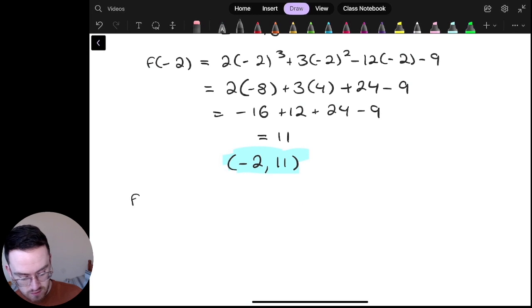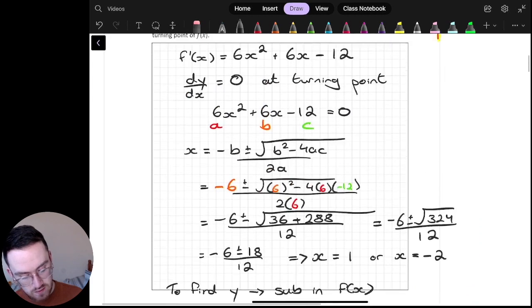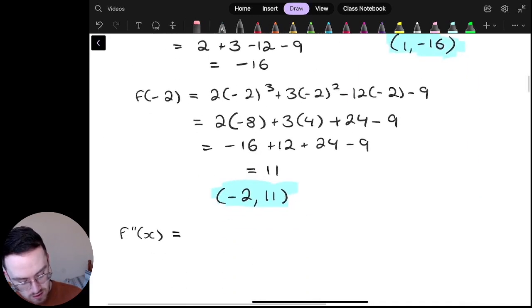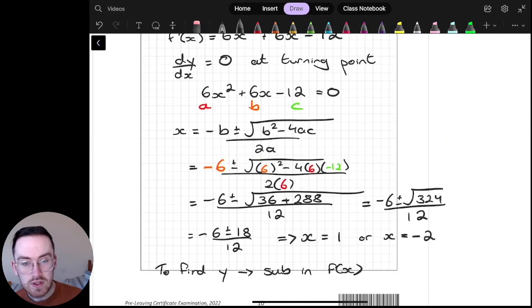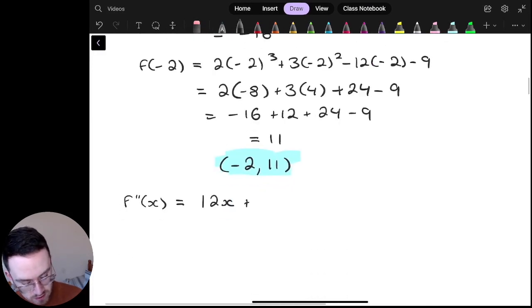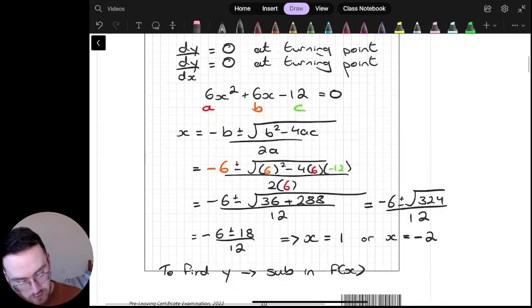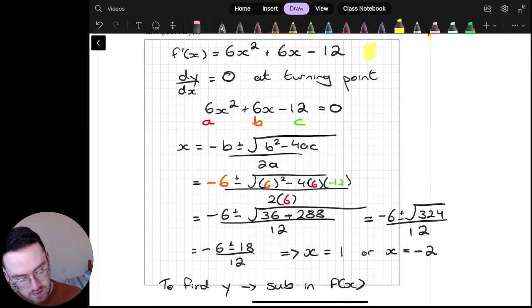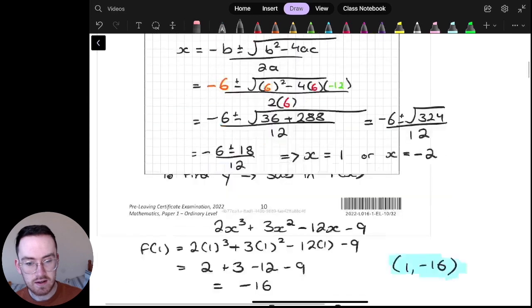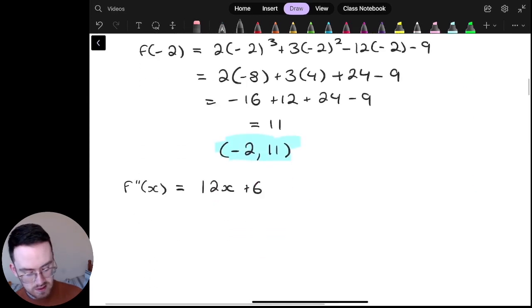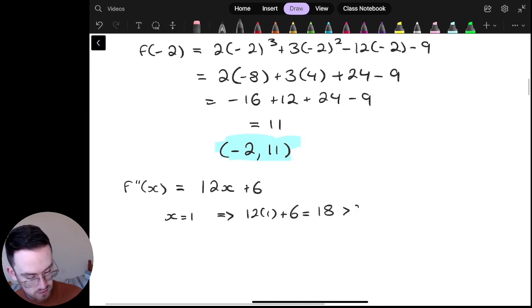Using my first derivative, I'm differentiating it again, so it becomes 12x plus 6. So when x is equal to 1, I get 12 by 1 plus 6, which is 18, and that's greater than 0, which means it is a minimum point.